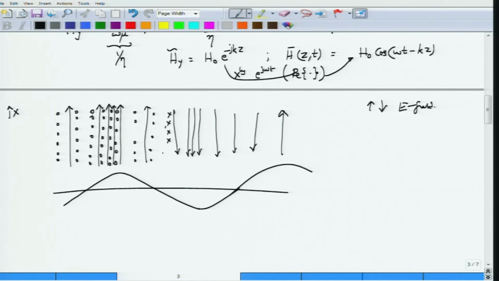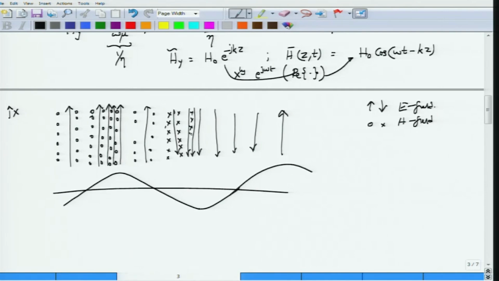For example, if you consider these open dots as the field lines coming out along the y direction, then this cross would consist of field lines going in the minus y direction. So these are your H field lines.